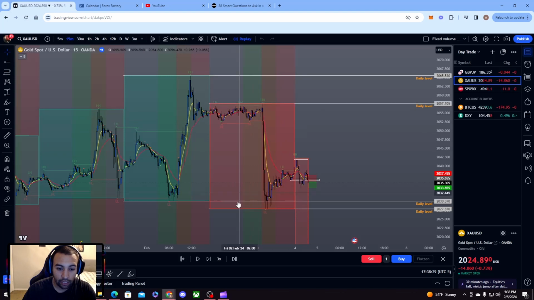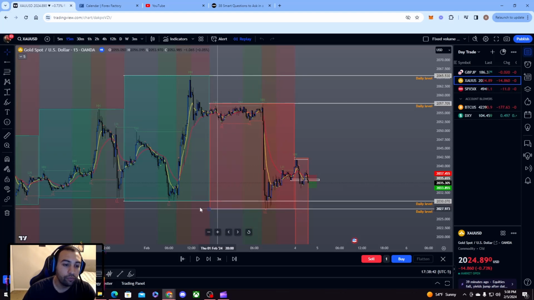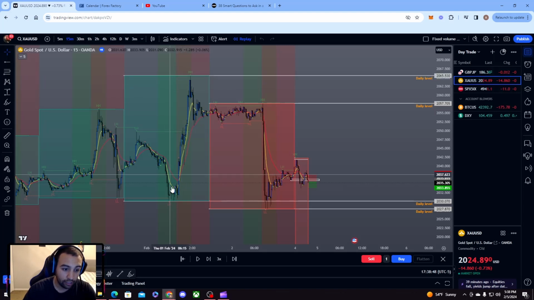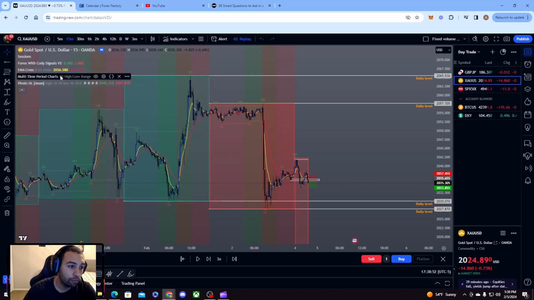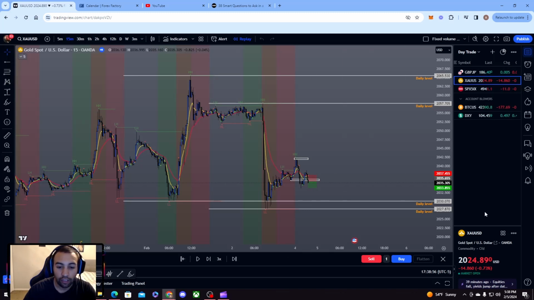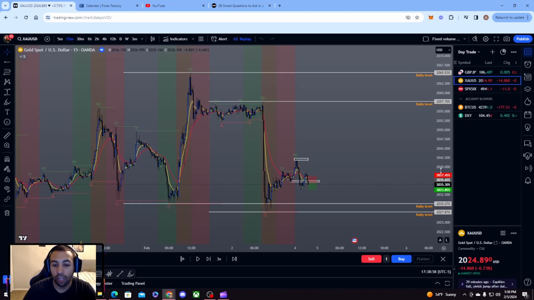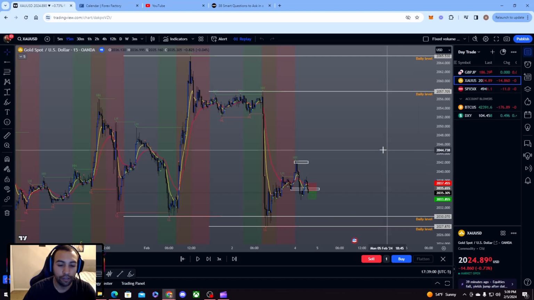You got my high and low down here, and then the previous daily level, which would be Thursday, the daily high and daily low again. That's all I use that indicator for, marking my highs and lows from the previous days. And I use those as levels of support and also as target levels, right?